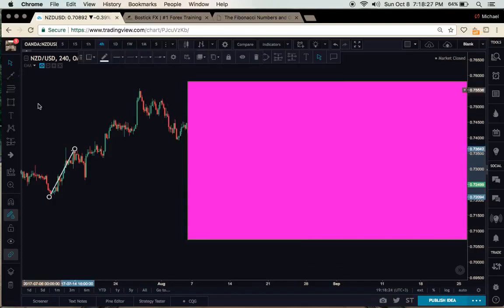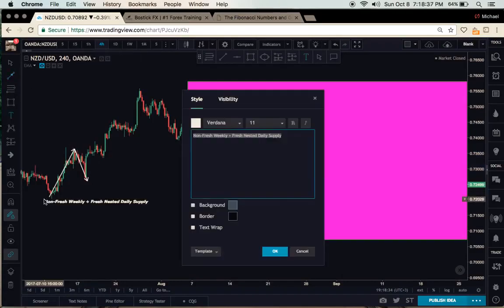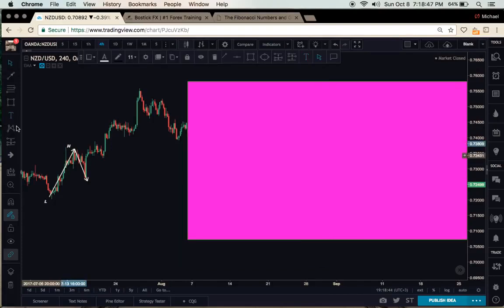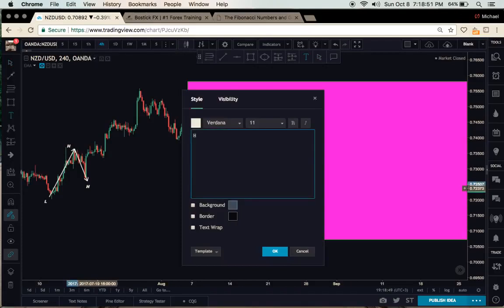So this kind of goes into structure as well, right? So structure, you have up, down. So this is your low. This is your high. And then when it comes down here, this is your higher low.